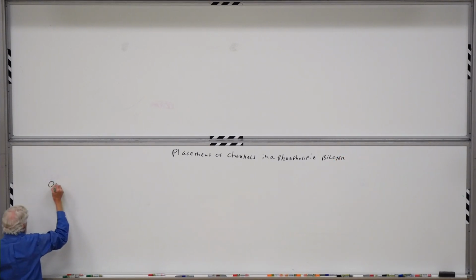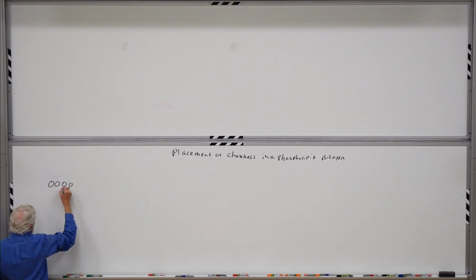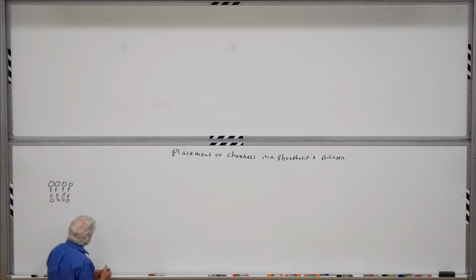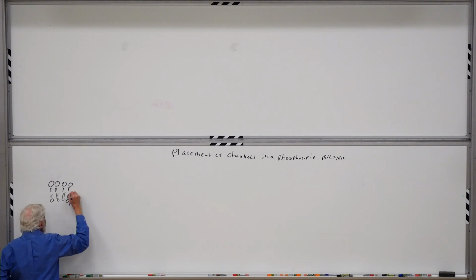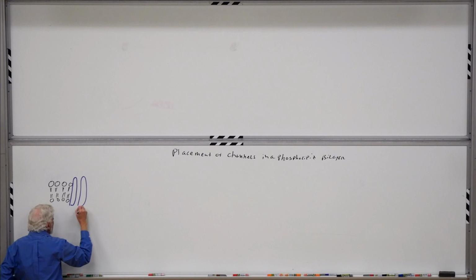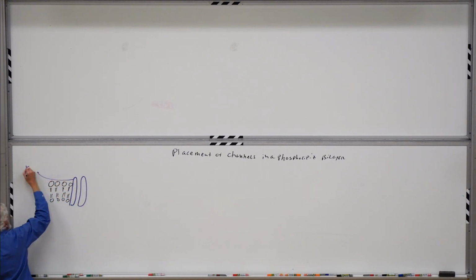So again, let's review what we had on the board last time, because this is essential to be fluent with. We started by invoking this purple channel, which we said was the potassium leak channel.